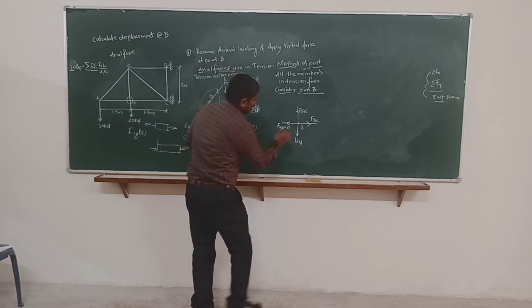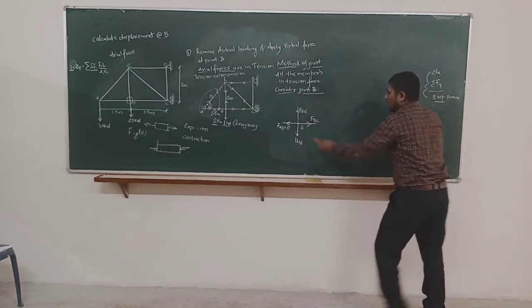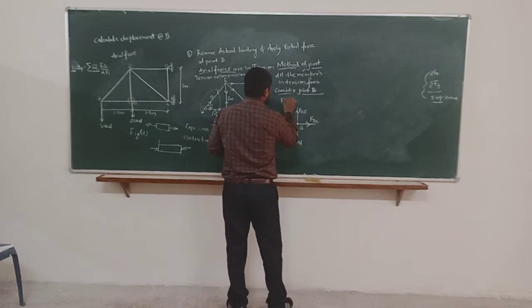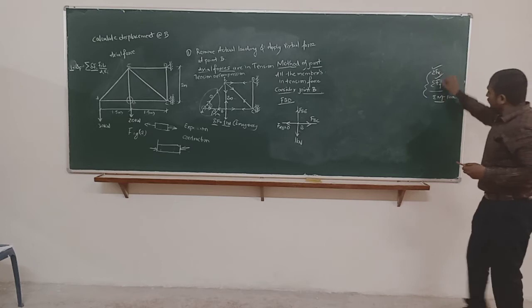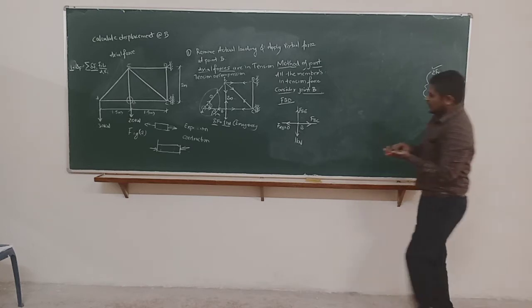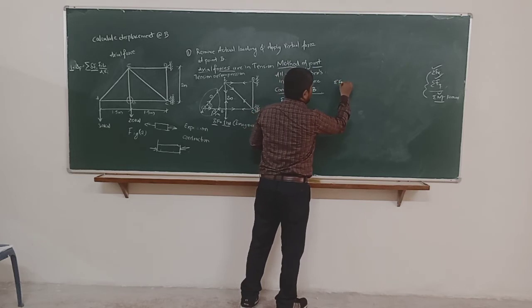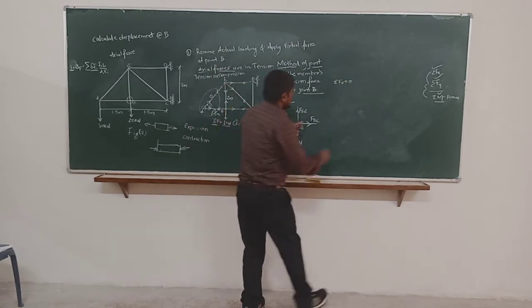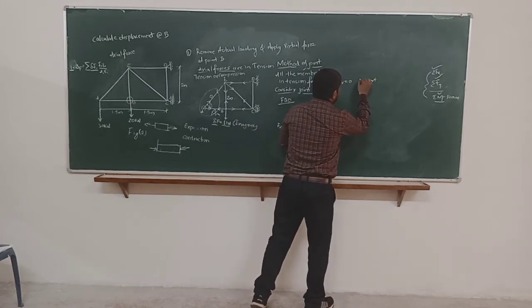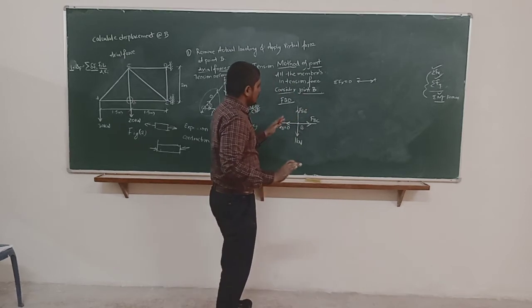Now what do we have to apply one by one? Once you draw the FBD, the free body diagram, now you go with Fx, Fy and moment. That is, the equations of equilibrium you have to apply. First you apply summation of Fx is equal to 0. Right side positive. Follow the procedure because sign convention is very important.